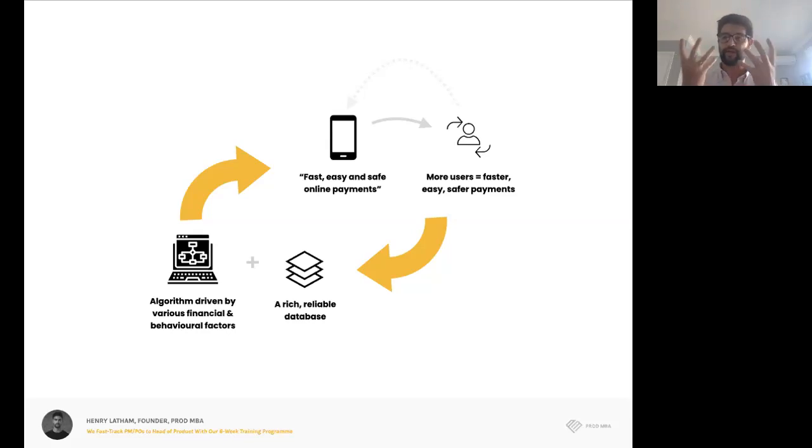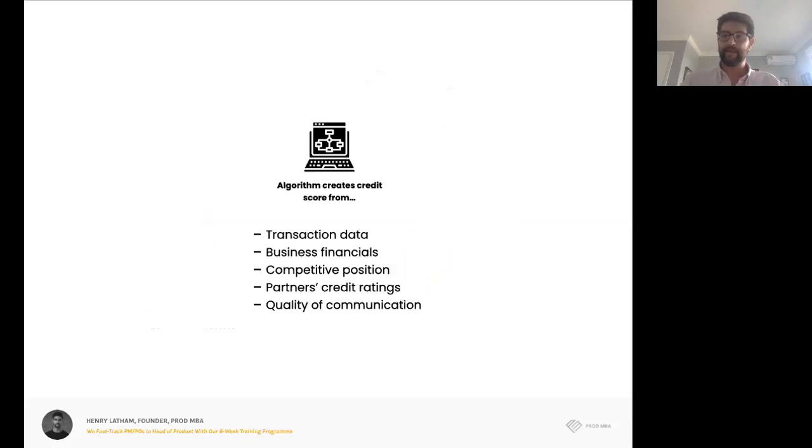So it's using this really rich bank of data to automate good product decisions, good business decisions in this case. Through this analysis, as I said, the company can create a credit score for approving a loan in seconds through automation, looking at transaction data, business financials, partners' credit ratings, all of this complex web of data.